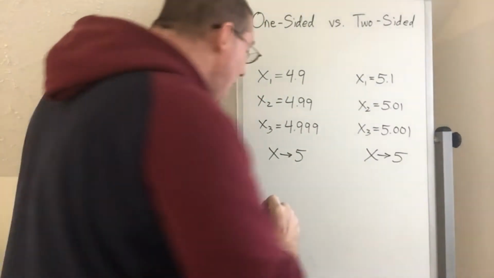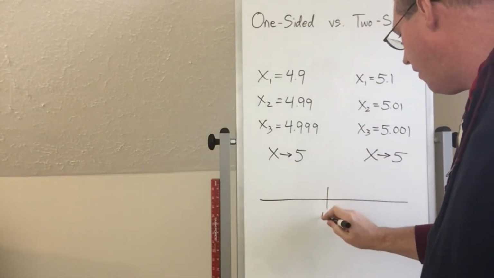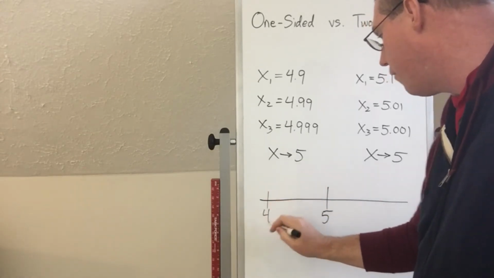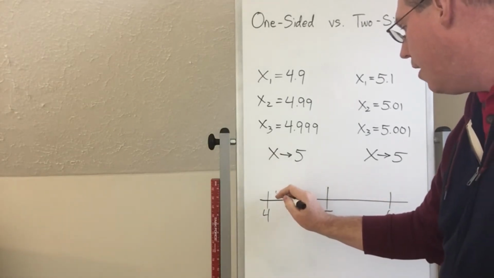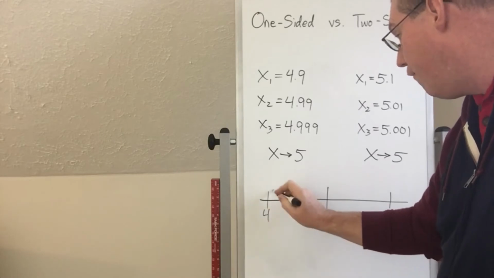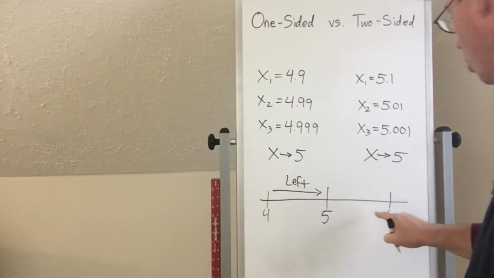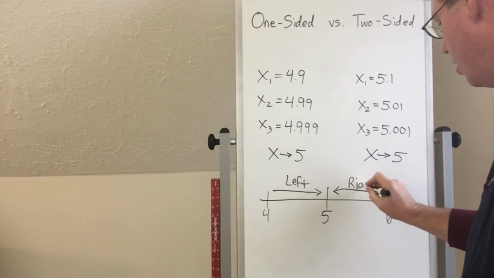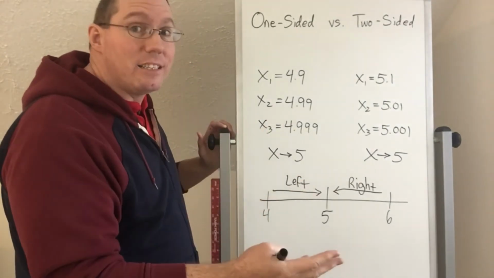That's because every value along the number line, okay, here's 5, every value has two sides. We can approach 5, let's say 4 is over here, and let's say 6 is over here. We can get closer to 5 by starting at 4 and approaching from the left, or we can start at 6 and go backwards and approach 5 from the right. So we can approach 5 from what we call the left side, which is the negative side, right?